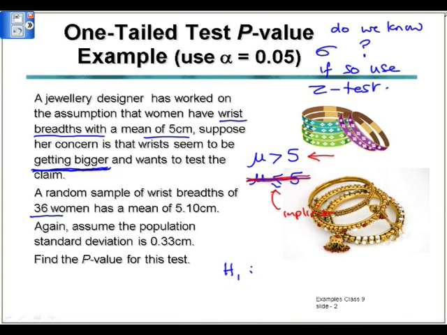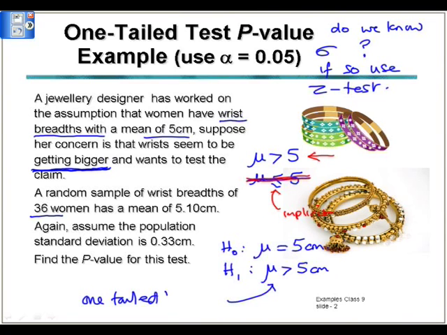So that is the alternate hypothesis, the population mean is bigger than 5 centimeters, which means that we can write our null hypothesis with an equals. Mean is equal to 5 centimeters. So of course, this makes this a one-tailed test.